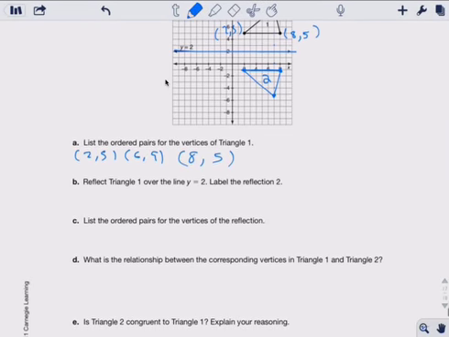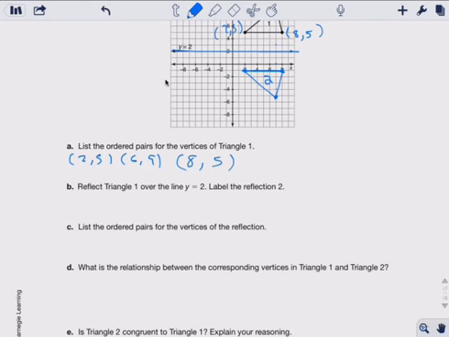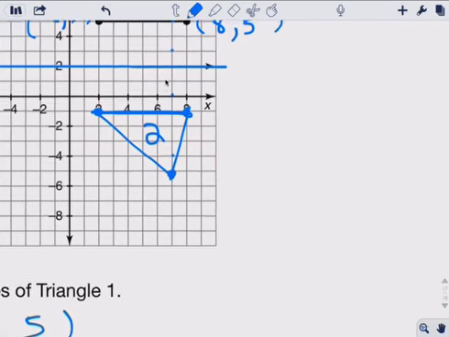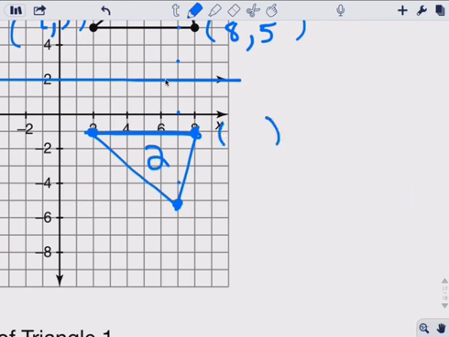List the ordered pairs. Tedious work. Okay. This is 8, -2. This is 7, -5. This is 2, -2.